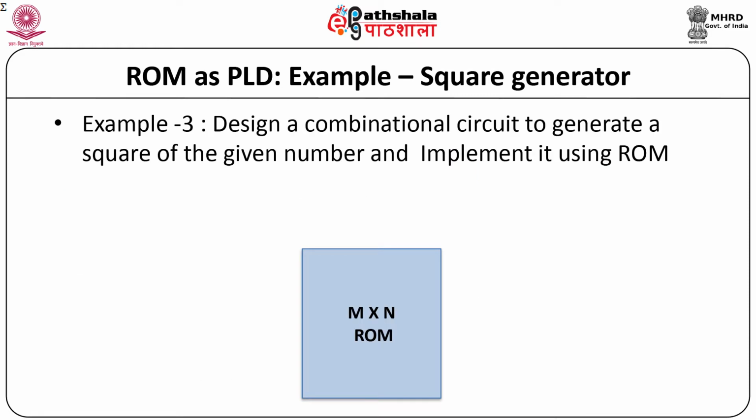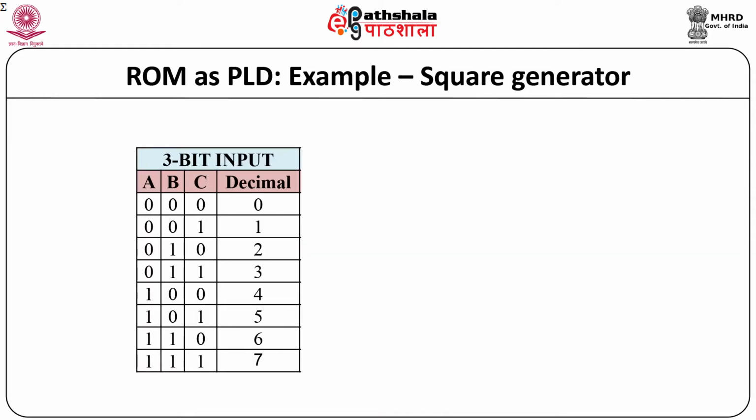Let us consider the third example. Design a combinational circuit to generate the square of the given number and implement it using a ROM. Let us prepare a truth table of the square generator. Consider a 3-bit number as the input to the combinational circuit.